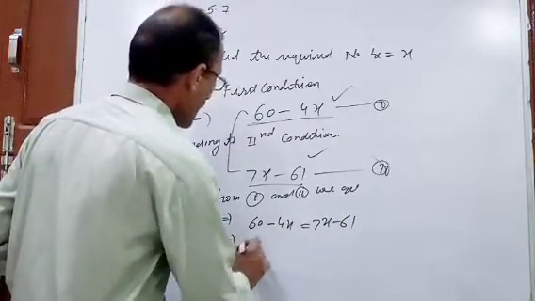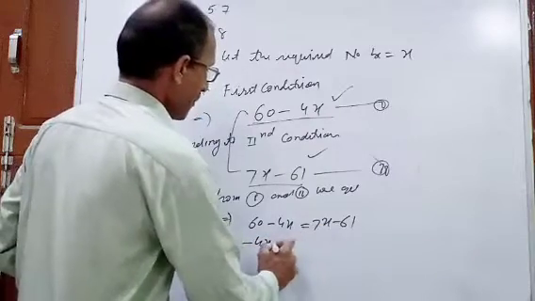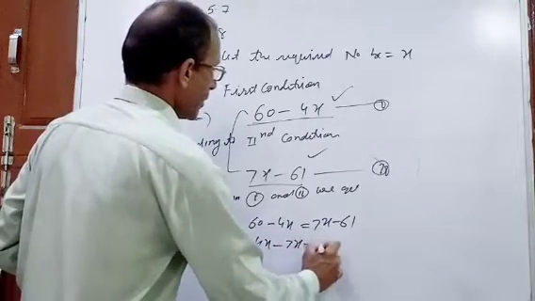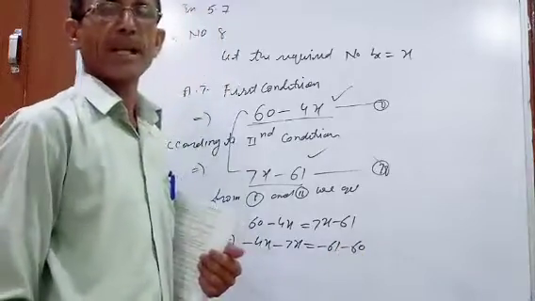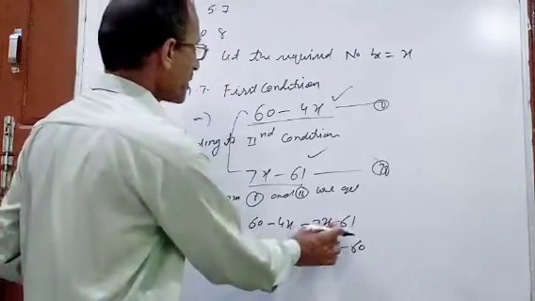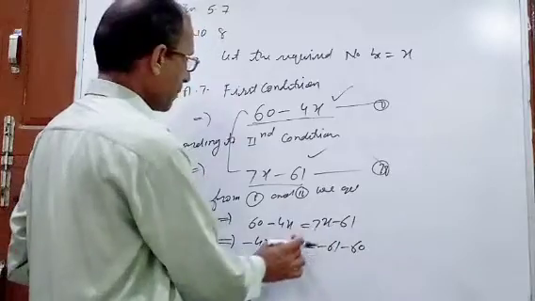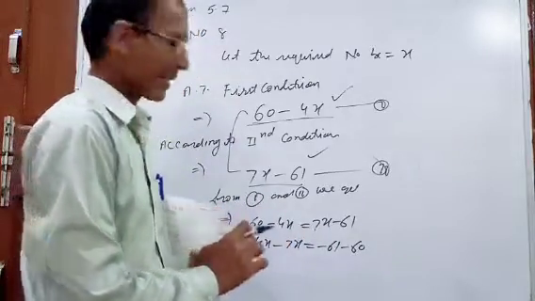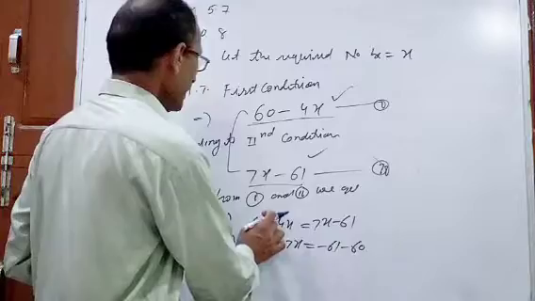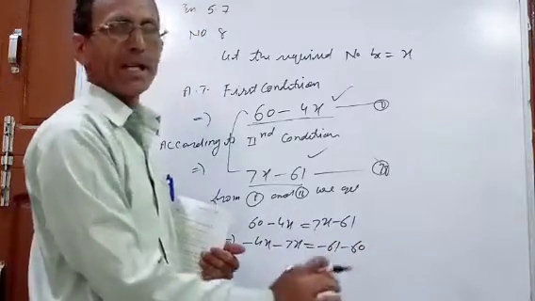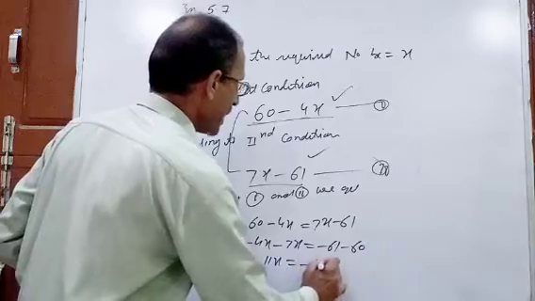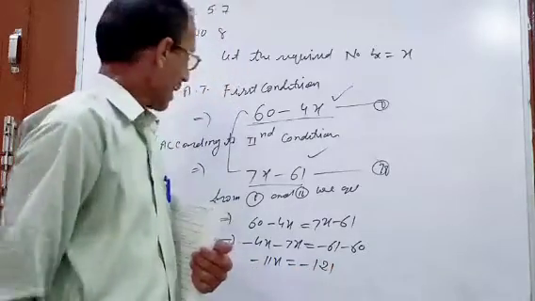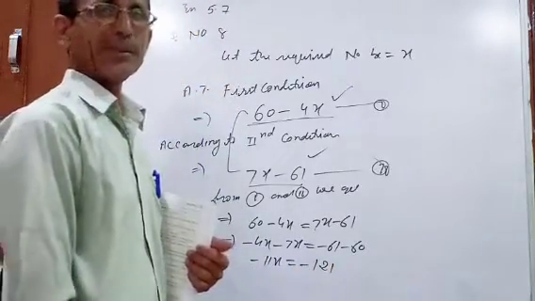So minus 4x minus 7x is equal to minus 61 minus 60. Any doubt, any confusion? Because 7x is shifted and after shifting it becomes minus 7x. Minus 61 and 60 shift that side, so minus 60. So minus 11x is equal to minus 121. Up to here, any doubt, any confusion?